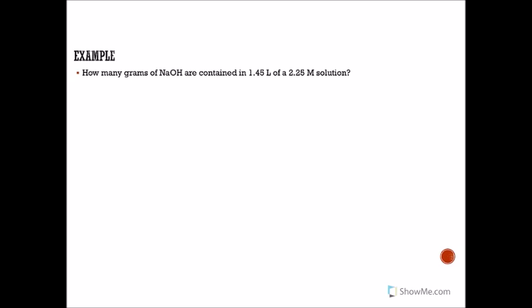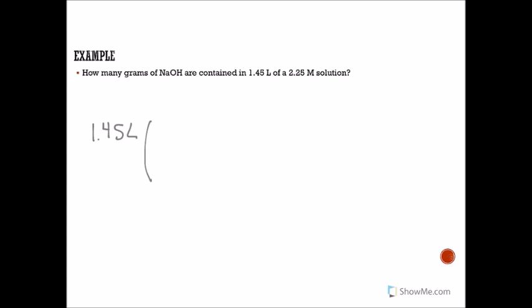Another example here, how many grams of sodium hydroxide are contained in 1.45 liters of a 2.25 molar solution? Remembering we never want to start with molarity, we always want to start with anything but molarity. We start with 1.45 liters, and we convert it to moles using our molarity.